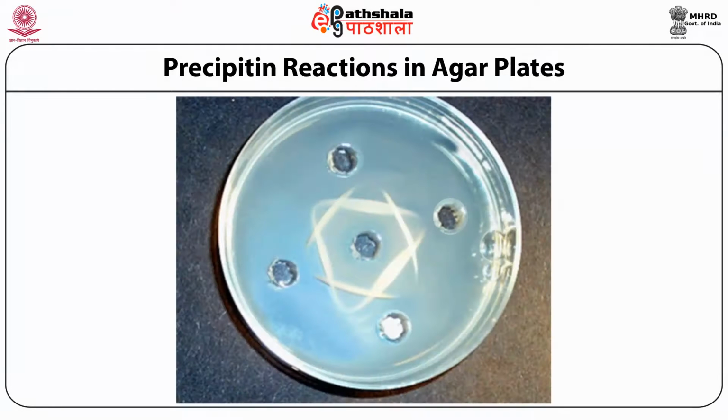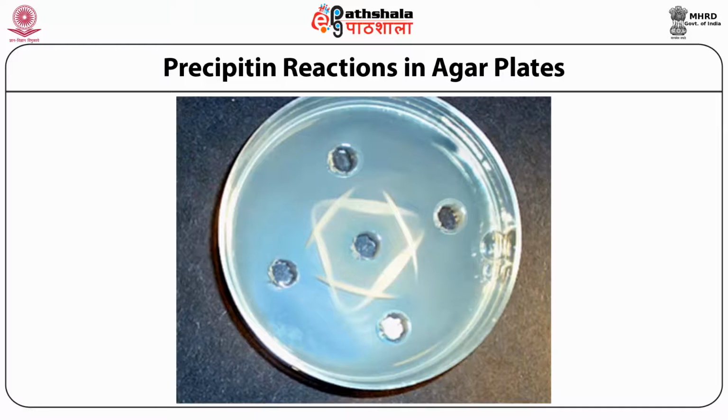Let us look at the experimental part in a little more detail. As we said, agar gels are poured into these petri plates and allowed to set. Generally, 1 to 2% agar in buffer at pH 7 to 8.5 is used.